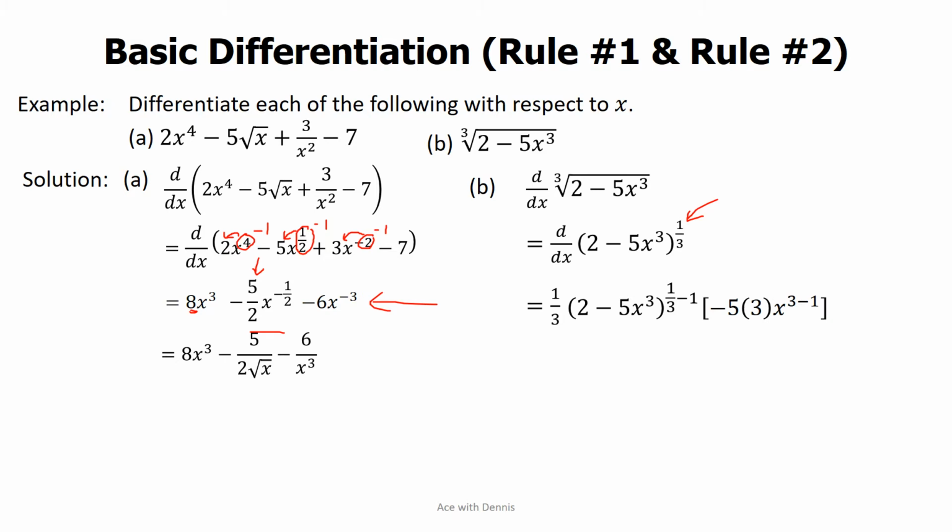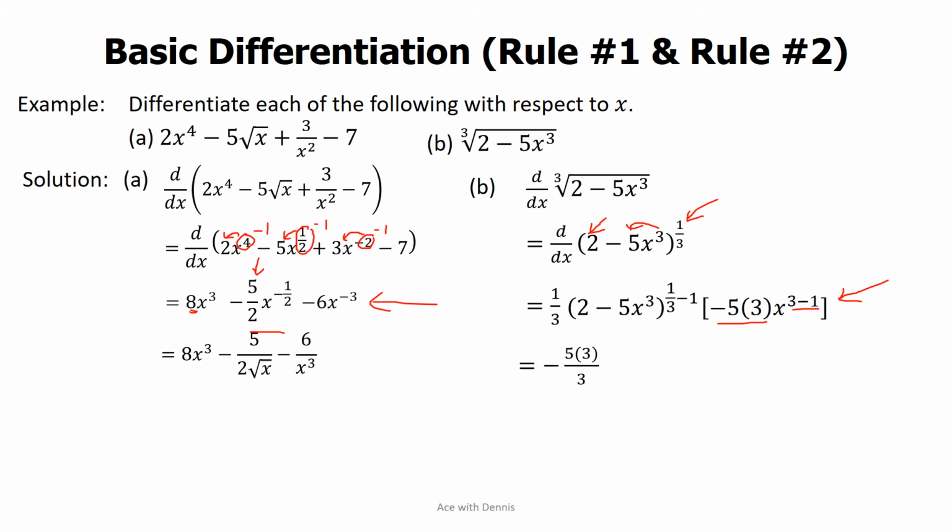So I differentiate 2, I get 0, so I don't write it here. Then I want to differentiate minus 5x cubed. So do the same thing, 3 brought down, so times minus 5. Then the power minus 1 becomes 3 minus 1. Once I finish this step, the next step is very simple, just simplify it.